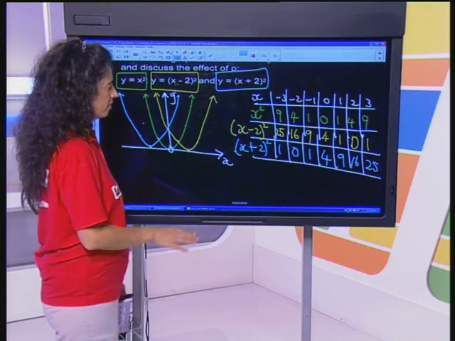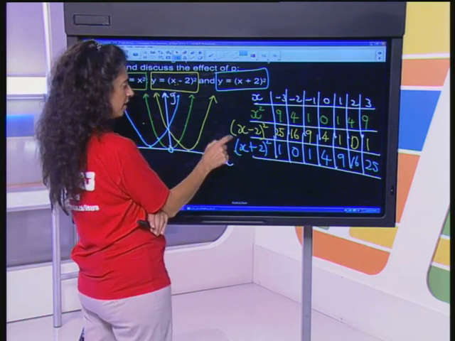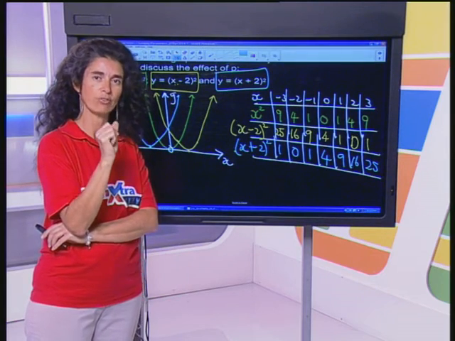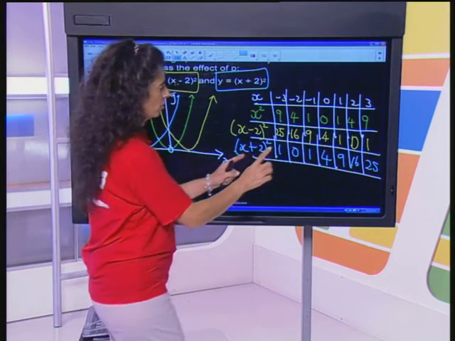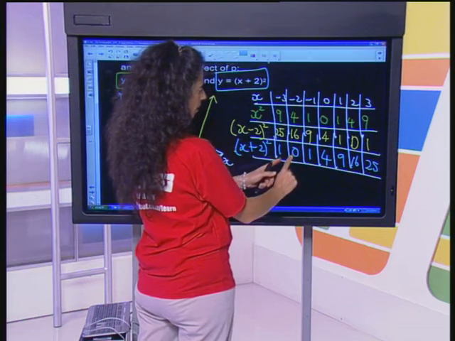And if we look at the equation of that parabola and the equation of this parabola, we will see that there's been a constant that's been added to that x value. And the effect of just adding that value is that you are saying, hang on, the 0 is not happening at 0 anymore. This 0 is happening at 2, and this 0 is happening at -2. So we can even see on the table that this 0 has shifted to the right, and this 0 has shifted to the left.